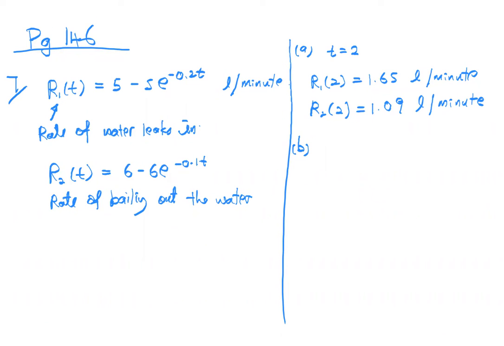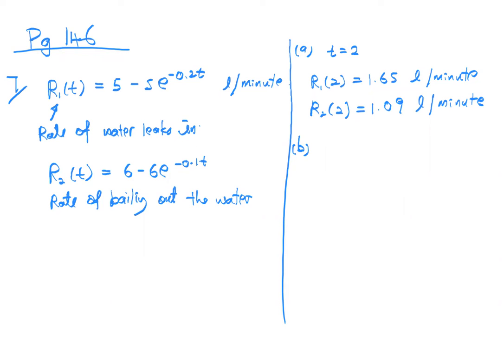Now, is the amount of water in the kayak increasing or decreasing after 2 minutes? The rate of leaking in is higher than the rate of bailing out. So therefore, what is the conclusion?